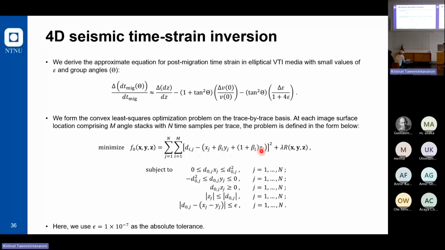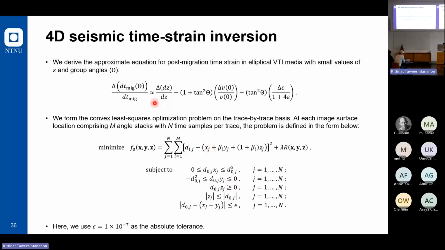You have X, Y, Z representing the 3 parameters that we need to determine, which are the thickness strain, vertical phase velocity strain, and anisotropic change term. And then I also introduced some constraint boundary conditions.